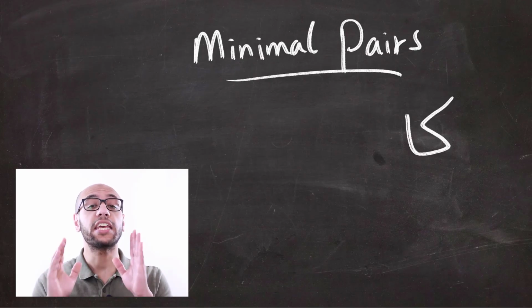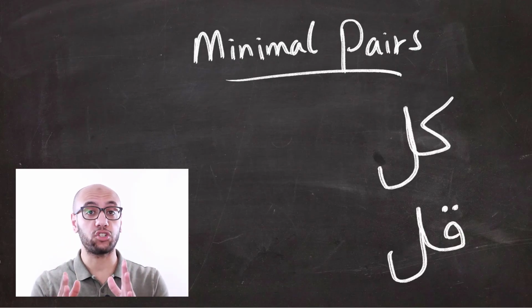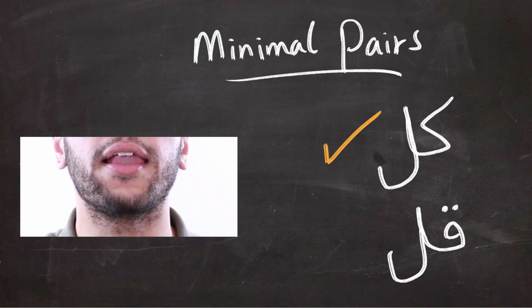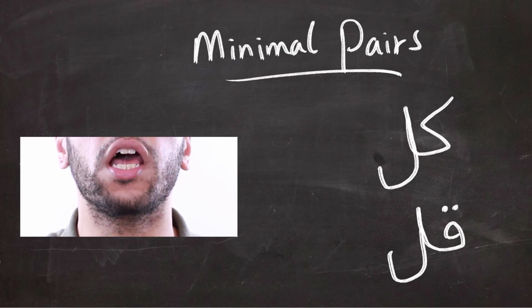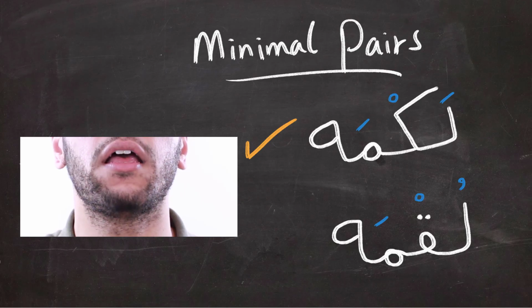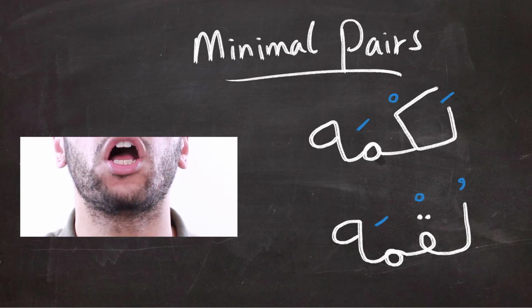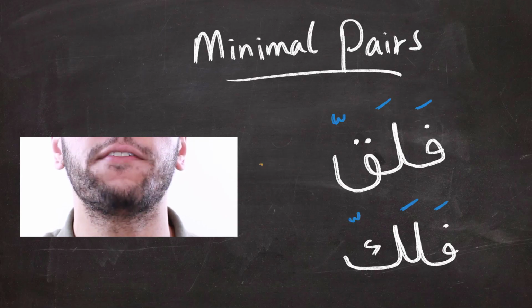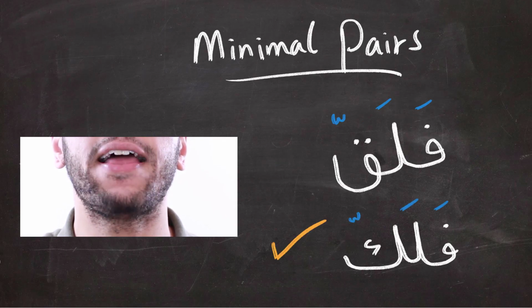Remember, hearing is as important as trying. The first couple: kul, qul. Lukma, luqma. Falaq, falak.